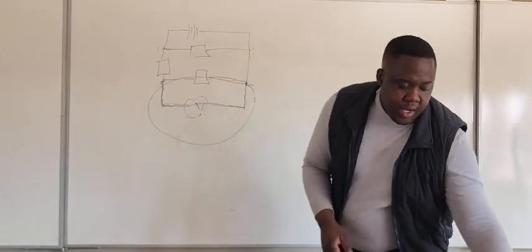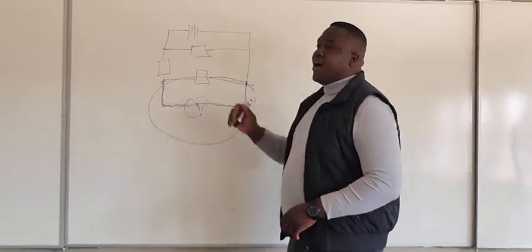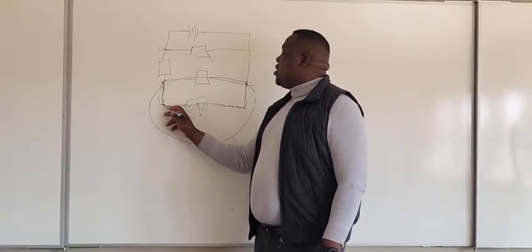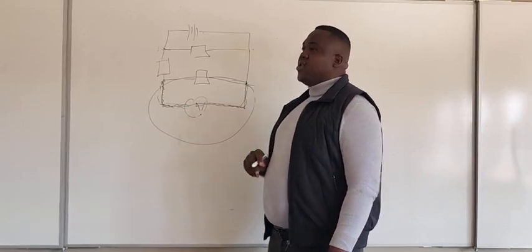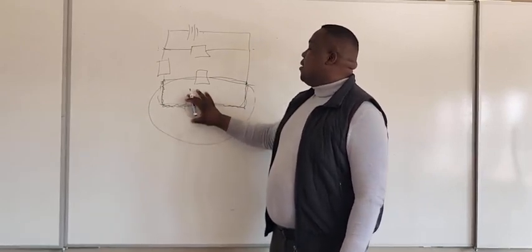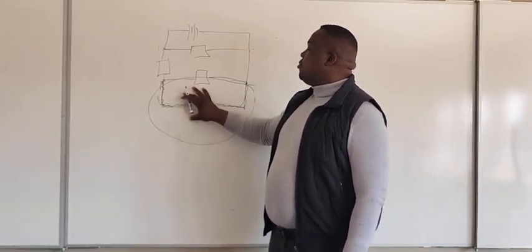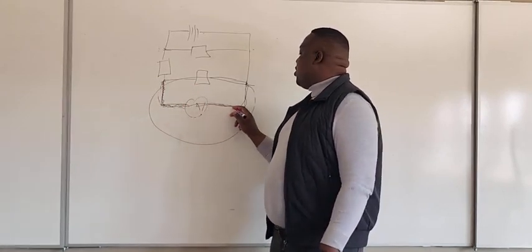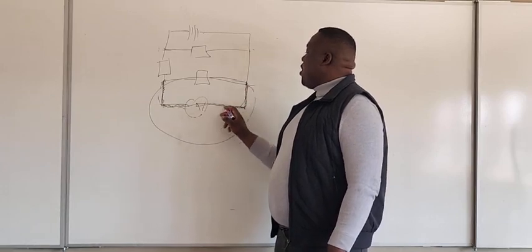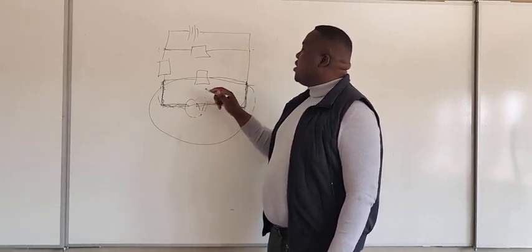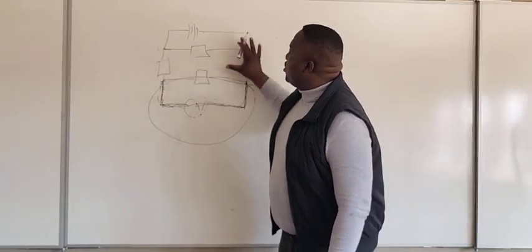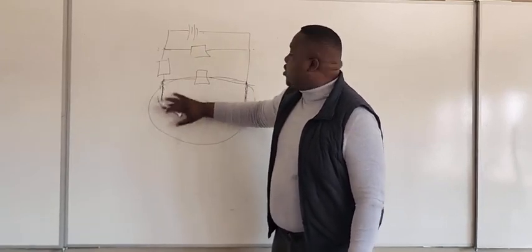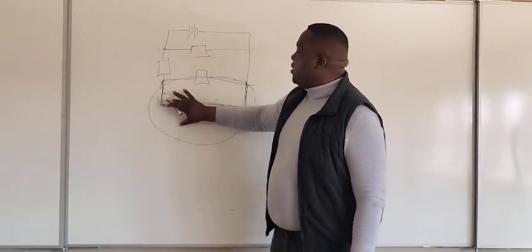When we explain how current moves, some students think that current will pass through here and move back. No, it won't. These are the connections of the voltmeter to the electric circuit, meaning that current is going to flow here. It won't come to this part because this is a voltmeter.